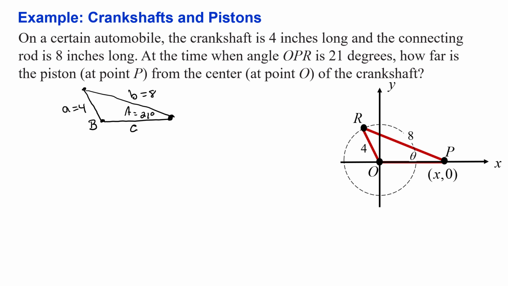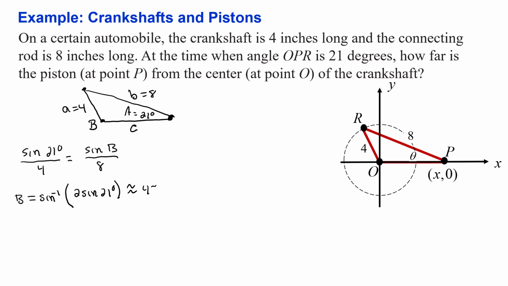Since we know angle A is 21 degrees, side A equals 4, and side B equals 8, we can use the law of sines to find angle B. We can write that sine of 21 degrees divided by 4 equals sine of angle B divided by 8. Solving for angle B, we get B equals inverse sine of 2 times sine of 21 degrees, approximately 45.8 degrees.